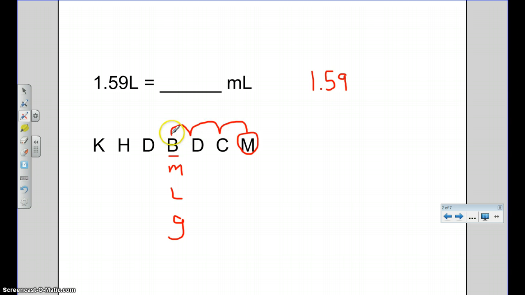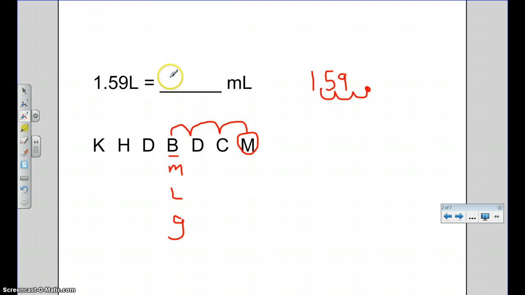So whichever way that I make a jump on my mnemonic device is the exact same way that I'm going to move my decimal in my original number. So if I moved it 3 times to the right on my mnemonic device, I'm going to find my decimal and move it 1, 2, 3 times to the right here. And I can place my decimal right here.